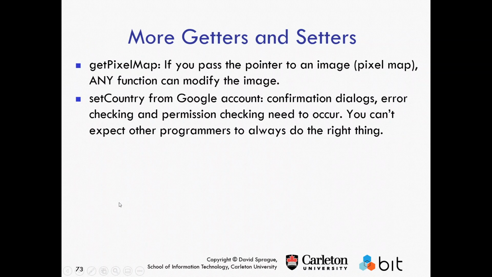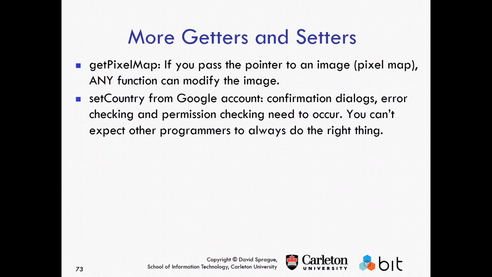And what if I want the pixel map? You can have a function that says just get pixel map, and I pass back the actual data structure that is the image that I'm going to draw on the screen.